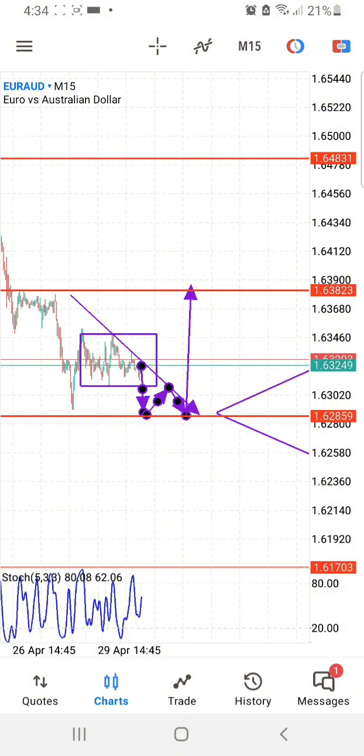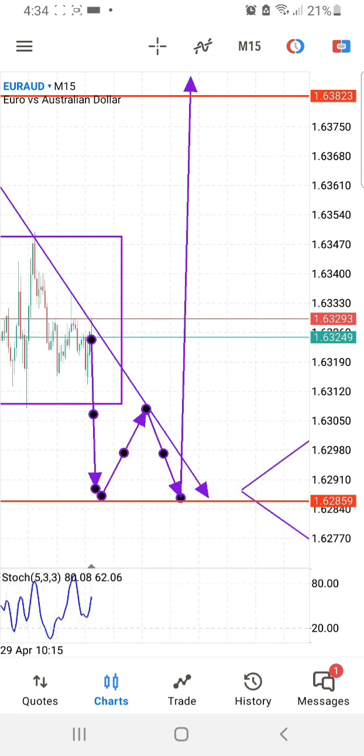And if this happens when I'm seeing it and when I'm available to look at the charts, then I'll be taking this trade and I'll be showing you that I was right.